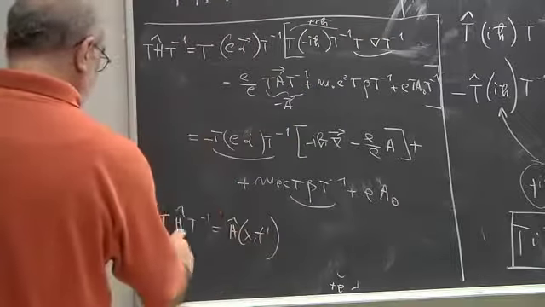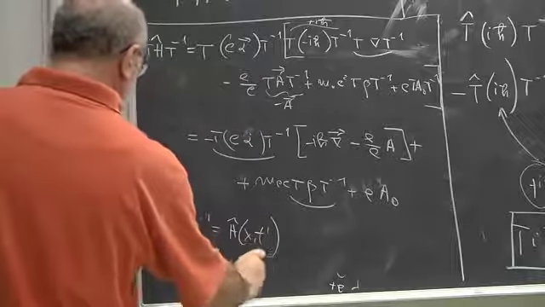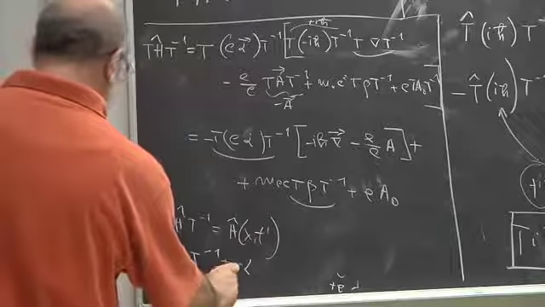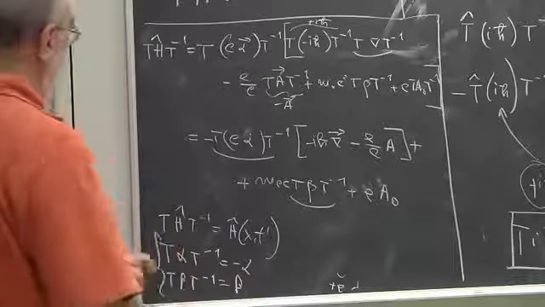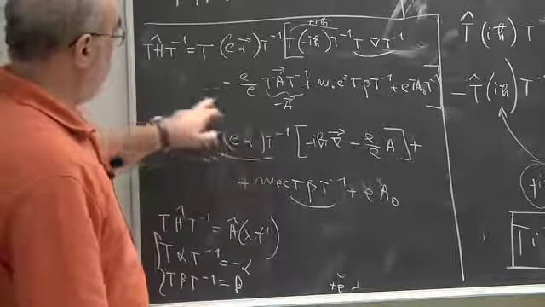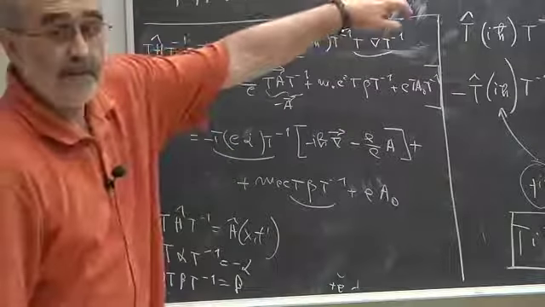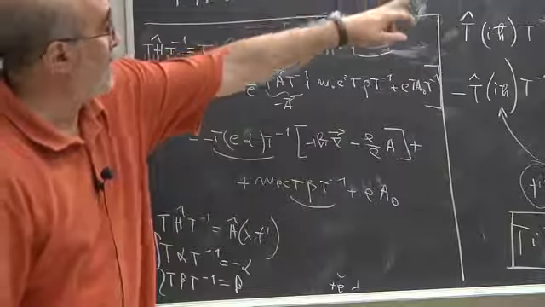This can happen only if T alpha T to the minus 1 is equal to minus alpha, and T beta T to the minus 1 is equal to beta. Okay, if this changes sign, then I get a plus, and I get exactly the same things as there. If this, I get the plus beta like there.